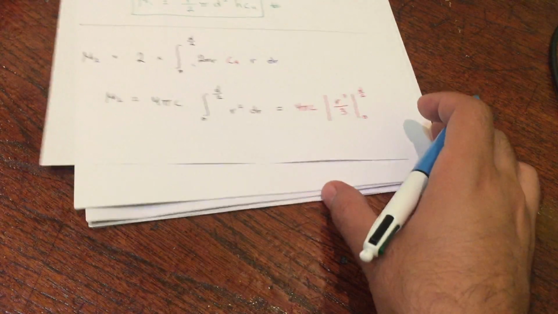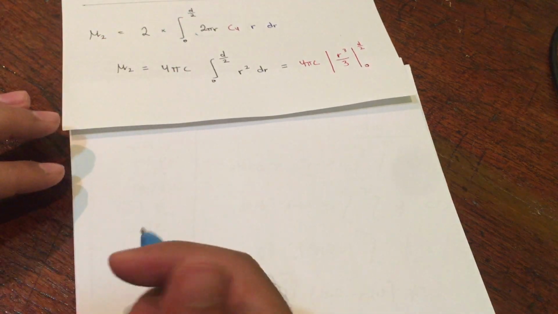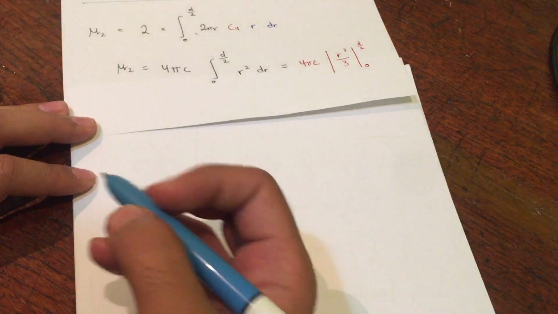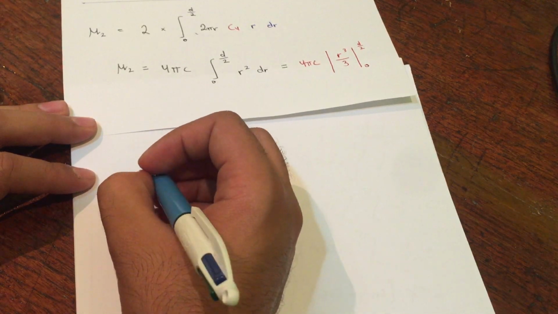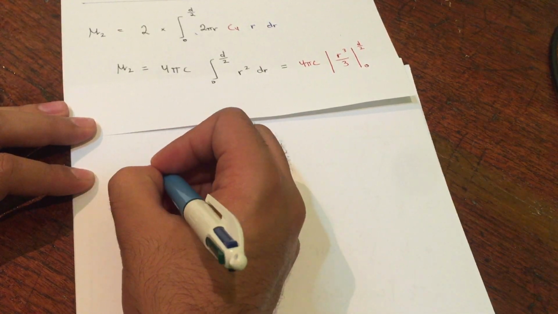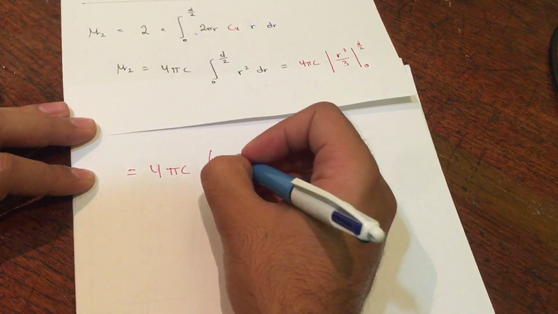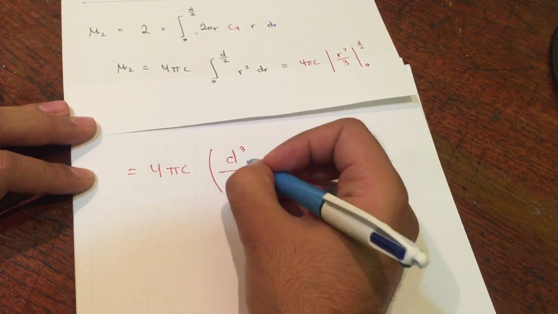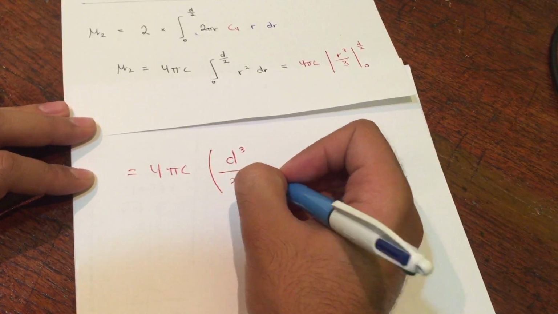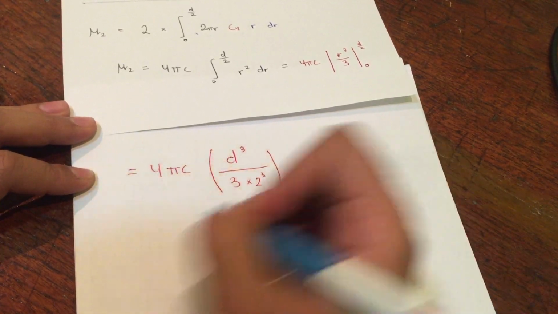Let's continue in a new page. So after that, we are going to keep the d over 2 value in it. We are going to get 4 pi c d cube over 3, and we are going to take the 2 down, so here I'm going to have 2 cube, close the bracket.